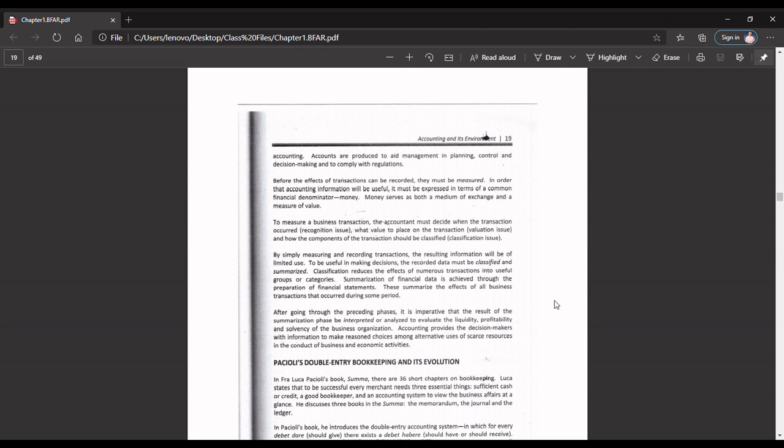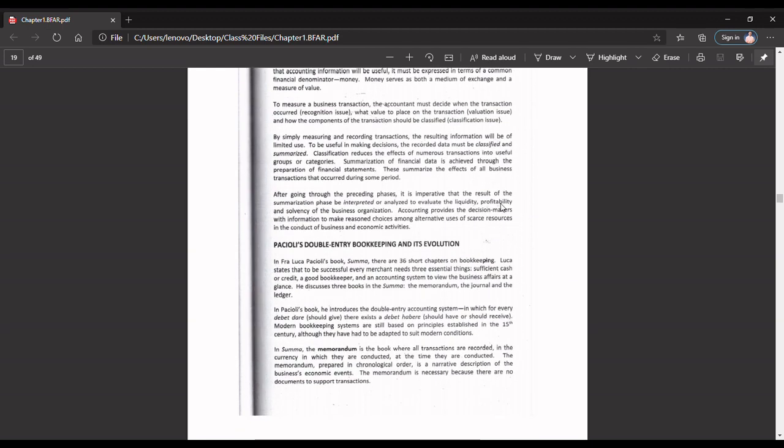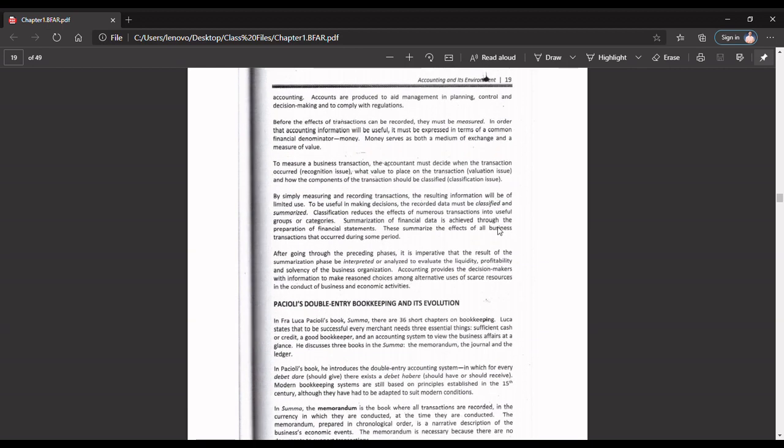Recording transactions isn't enough. In order to be more useful, we need to classify it and summarize it. Classification reduces the effects of numerous transactions into useful groups or categories. I forgot to mention that when recording, we record transactions in the journal books or the journal.